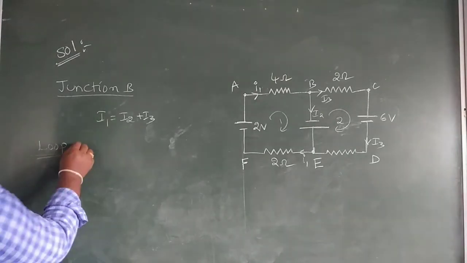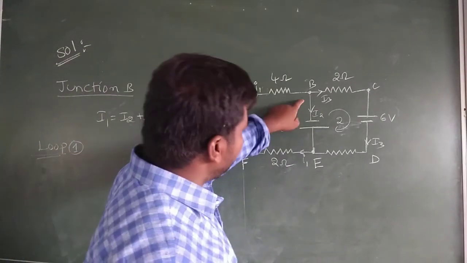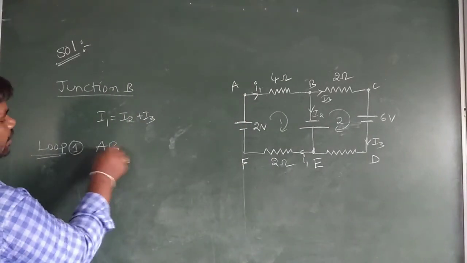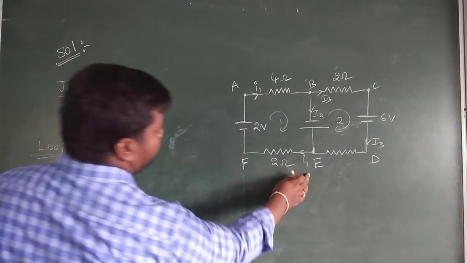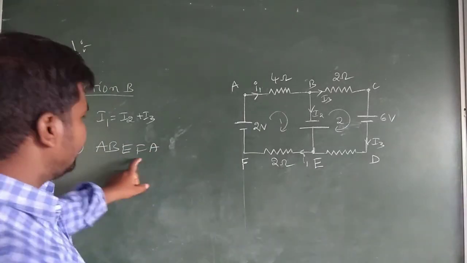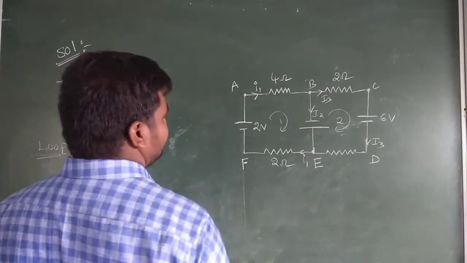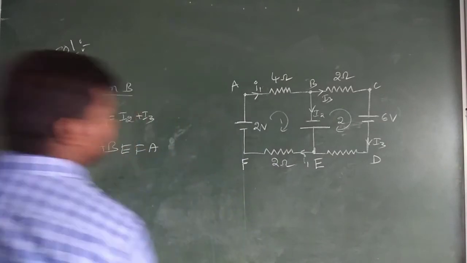Coming to the loop rule, loop 1: we take the loop ABEFA. Here we start from the 4 ohm resistor.